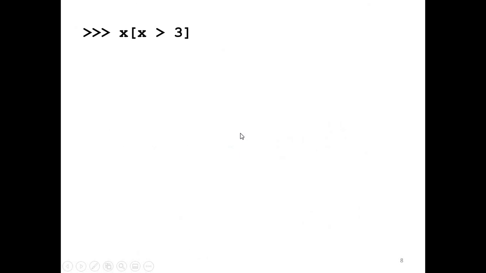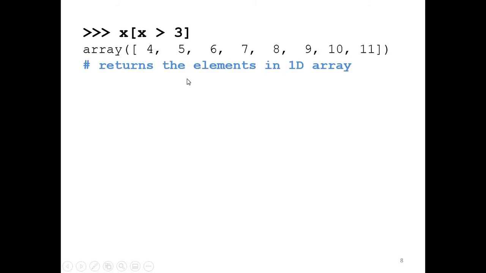Okay. And also, if you write in the array X a logical statement inside, it also takes that. So if you write X greater than 3, that means it will take all the elements which are greater than 3 only. But you have not specifically mentioned from which rows or columns you extract the elements.